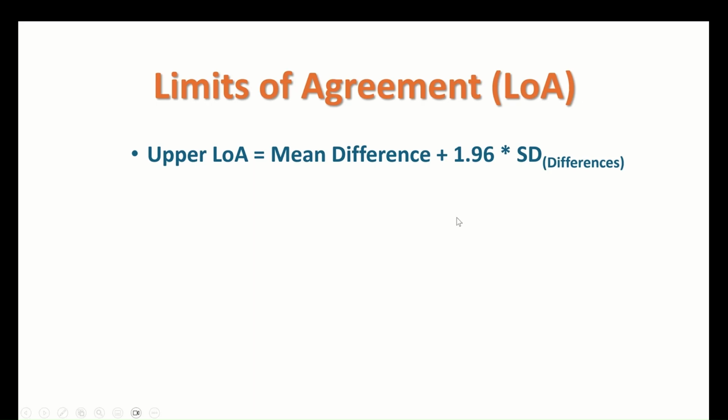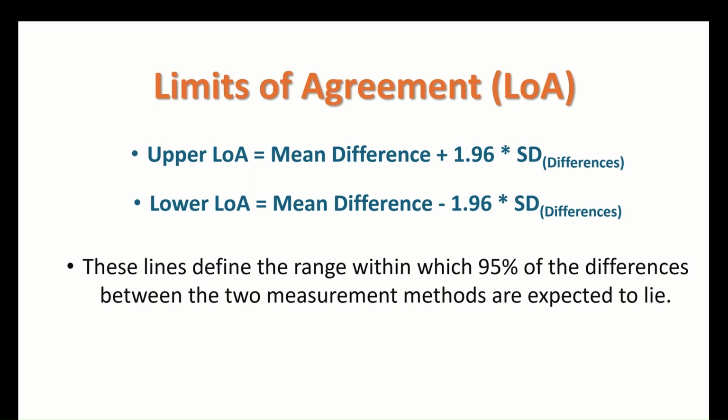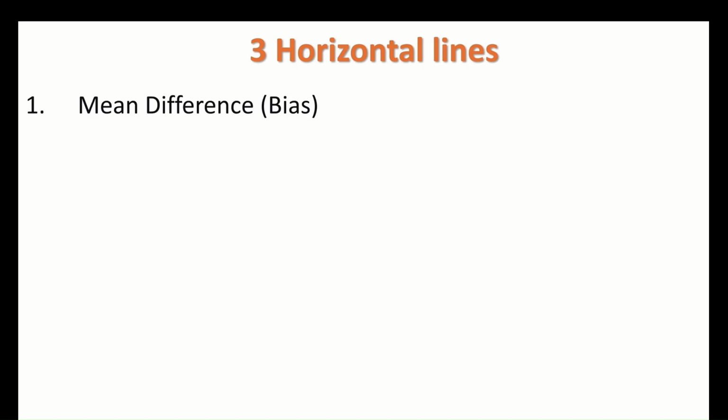And the lower limit of agreement is the bias minus 1.96 multiplied by the standard deviation of the differences variable. These two lines define the range within which 95% of the differences between the two measurement methods are expected to lie.